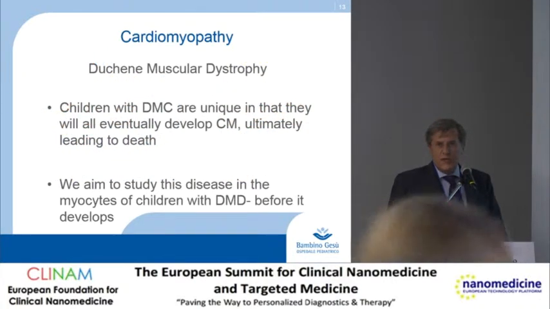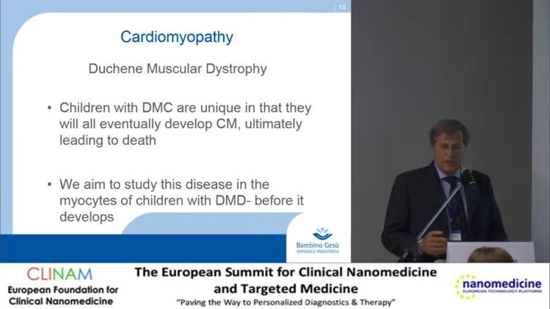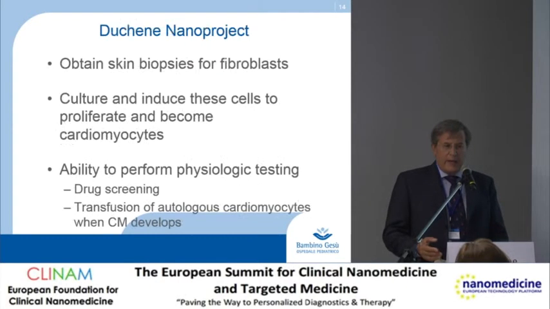We use Duchenne muscular dystrophy as a model because it's caused by a single gene defect, and all these children eventually develop cardiomyopathy, and usually they die of it. So the idea is to study this disease in the myocytes of children before it develops. We obtain skin biopsies of fibroblasts and induce these cells to proliferate and become cardiomyocytes.